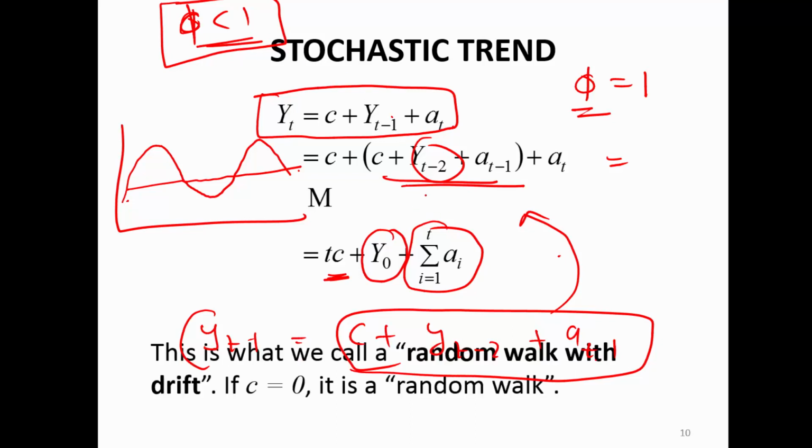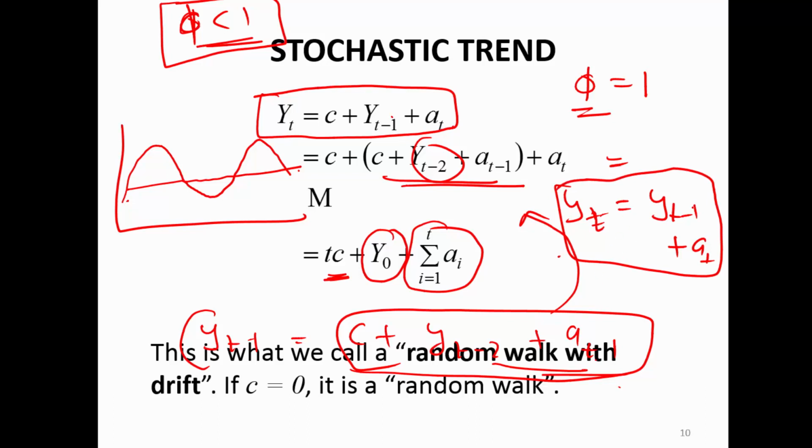All right, so this is a typical case of a random walk model. yt equal to yt minus 1 plus the error term at. This particular thing is a typical case of random walk. And if we include the constant part, then it is drift. That means the series has started not just from the zero origin, it started somewhere else, some negative or positive value.